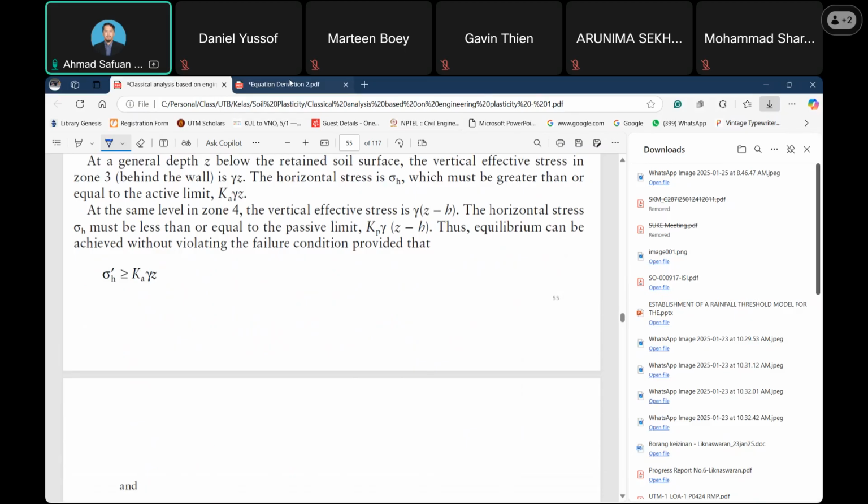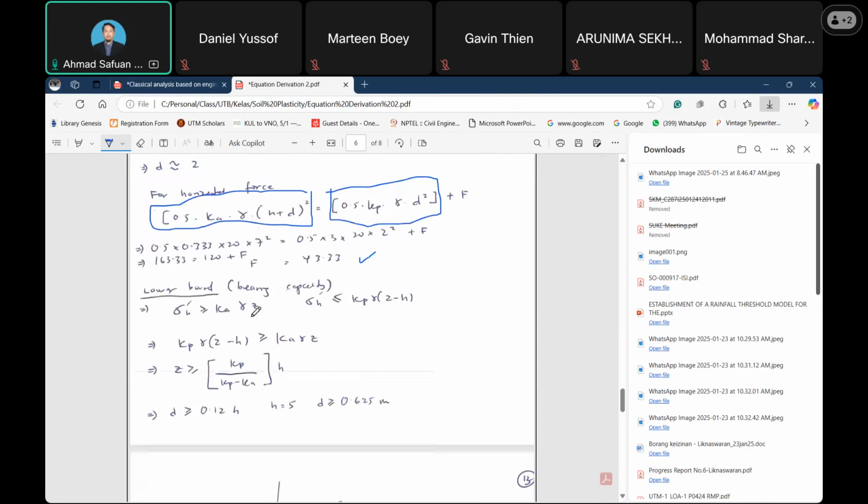to stabilize the soil, so definitely the sigma H is greater than the Ka times gamma Z. On the other side, the Kp should be greater than the sigma H. So then the Kp times what we call as delta, Z minus H, should be greater than the active area.